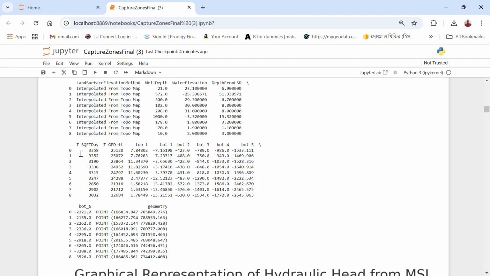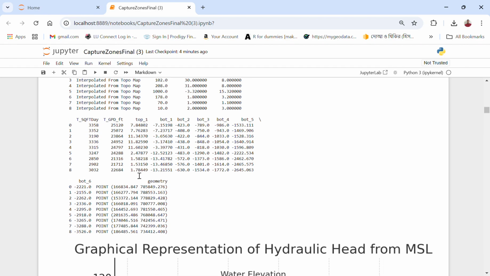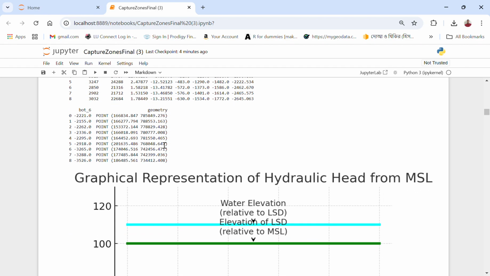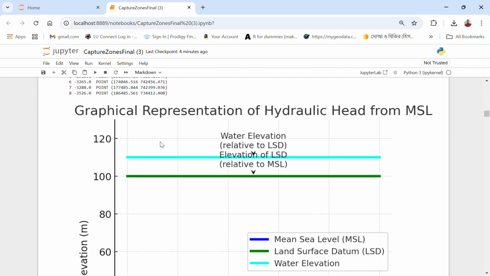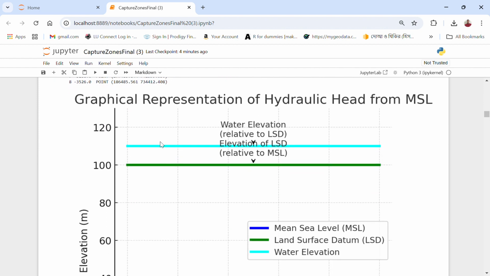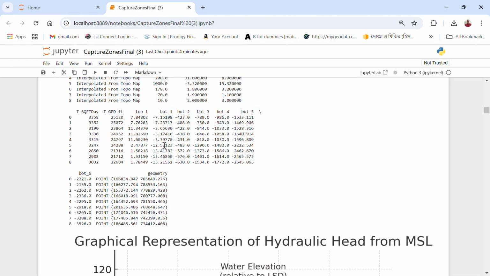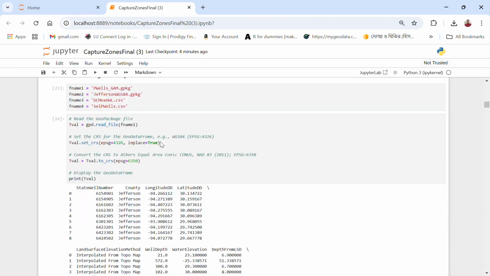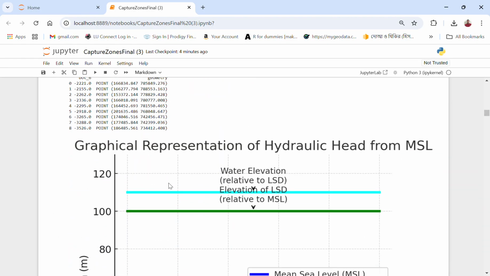Here we have calculated the transmissibility value in square feet per day, as well as gallons per day per foot, and this is our aquifer thickness. First, I want to clarify that in this project we need to calculate our water elevation, that is hydraulic head, with respect to mean sea level.